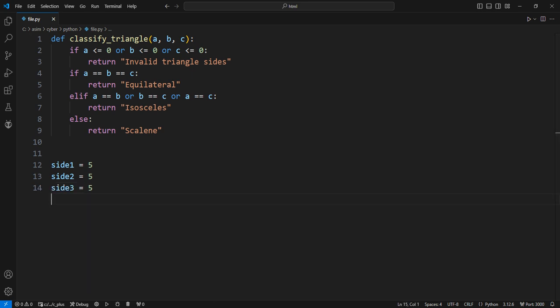Calling the function classify_triangle and passing the side lengths as arguments. The arguments side 1, side 2, and side 3 are passed into the function as parameters a, b, c.